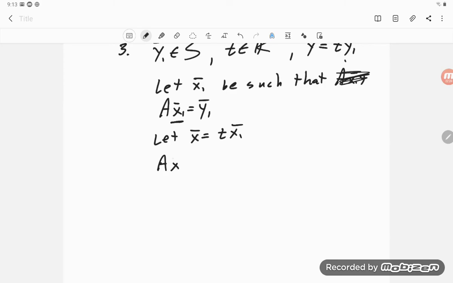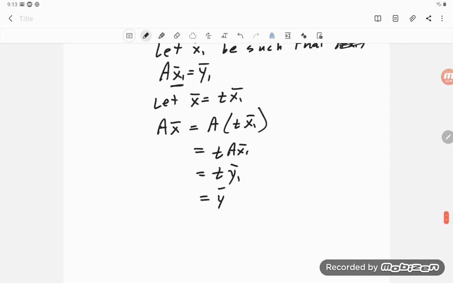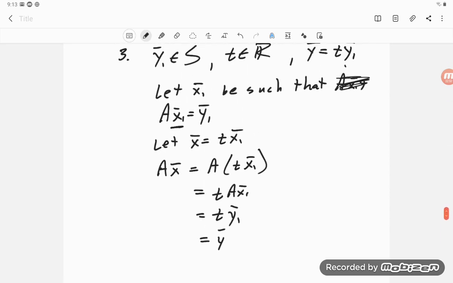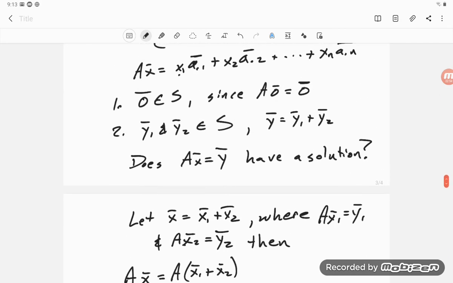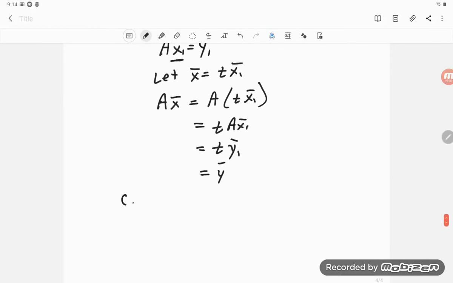And so now I'll show that Ax does produce y. So Ax is equal to A times t x1. But that's just t A x1, which is t times y1, which is the y we needed. And so there we have all three. We've got it's closed under scalar multiplication, closed under addition, and it does contain the zero vector. And so C of A is a subspace.